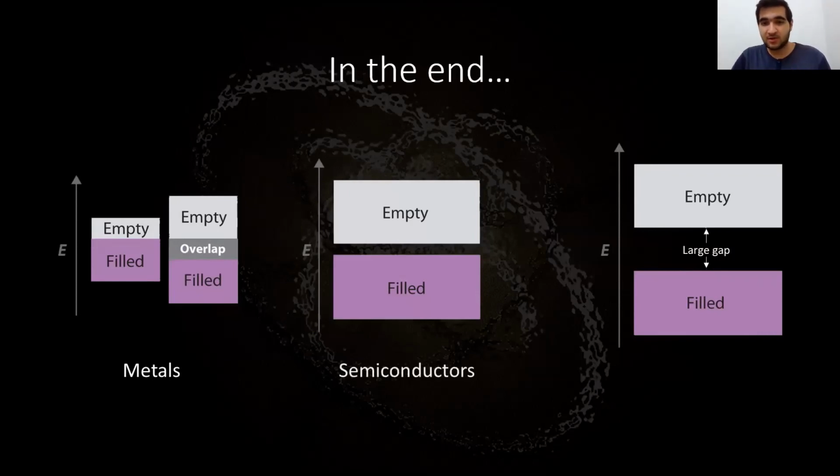Then we have semiconductors, which have a very small gap between the filled states and the empty states, the empty representing the conduction band. And finally, we have insulators, where we have a large gap between the filled state and the empty state, representing the valence band and the conduction band.